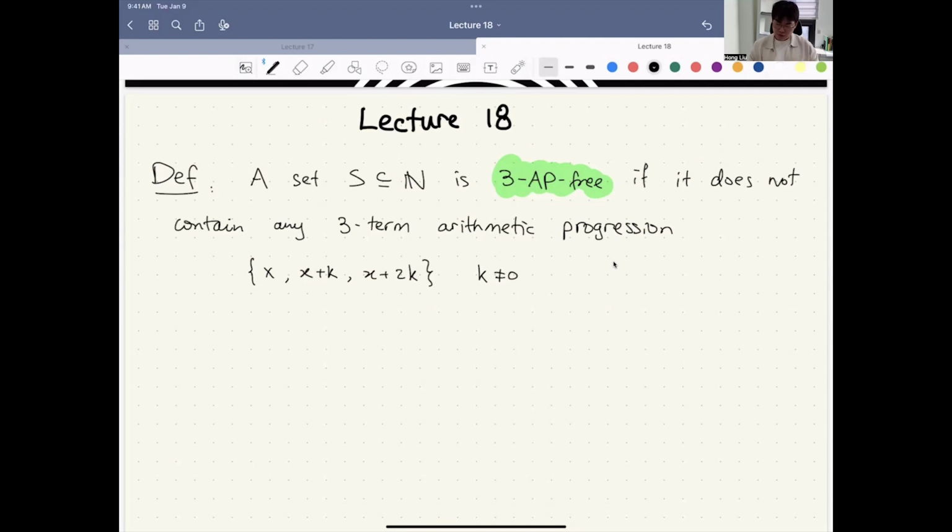How large can a 3AP-free subset of the first n integers be? So what's the maximum size? Wait, let me define the parameter. Let's call it F(n): the maximum size of 3AP-free subsets of the first n integers.